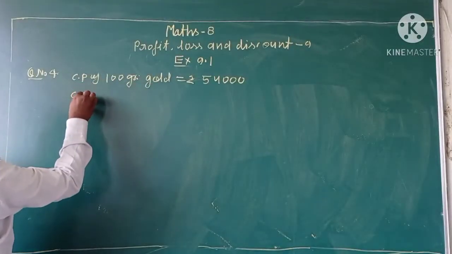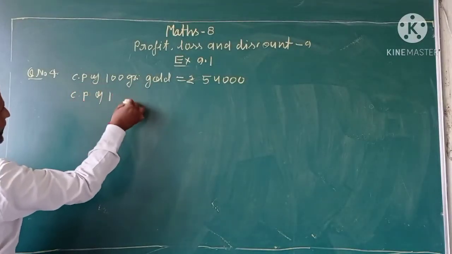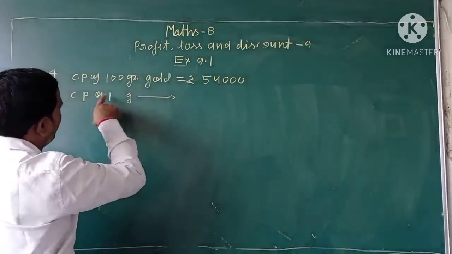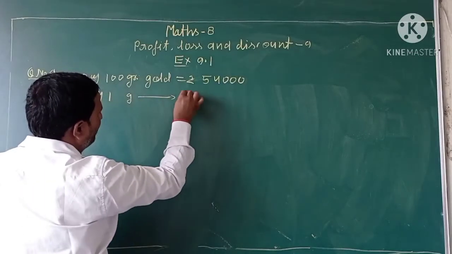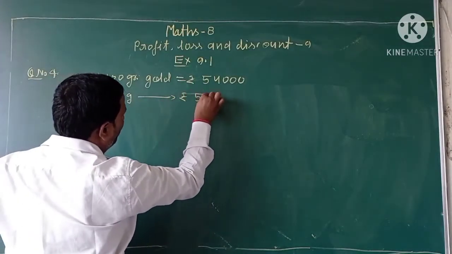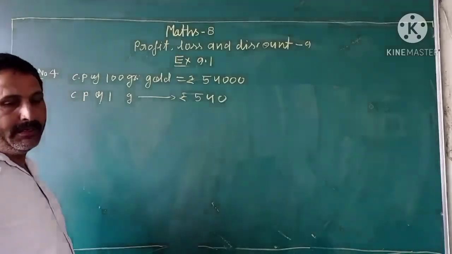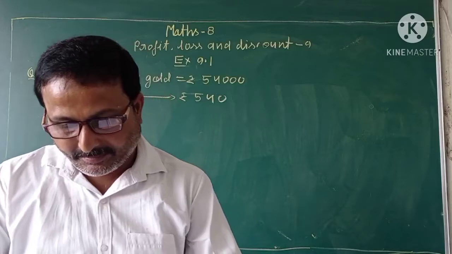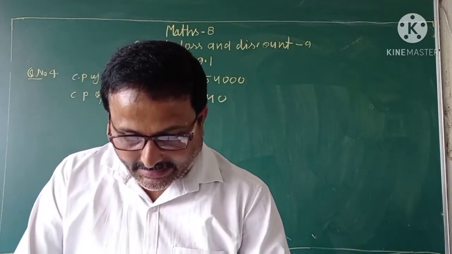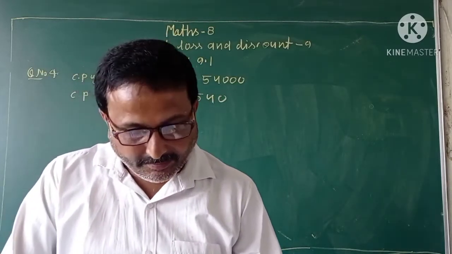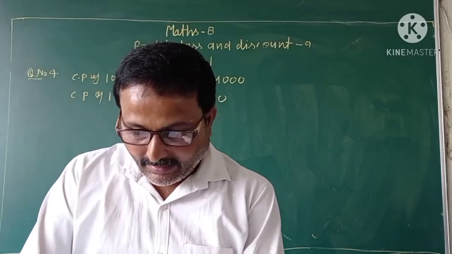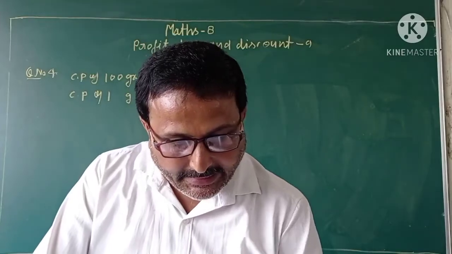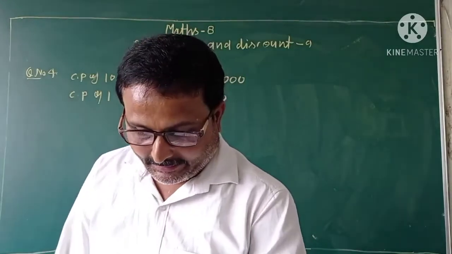Now CP of 1 gram gold is 54,000 divided by 100, it will come rupees 540. Asking that he sold it at a gain of 10%.